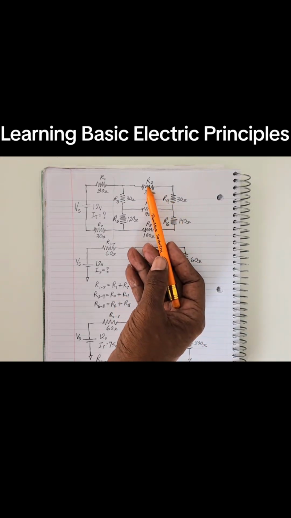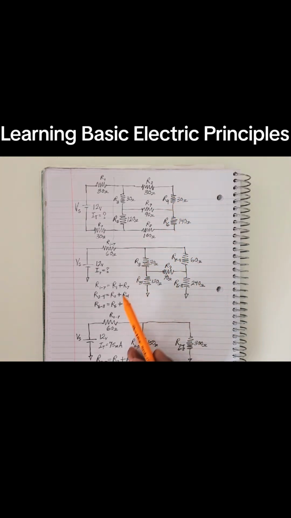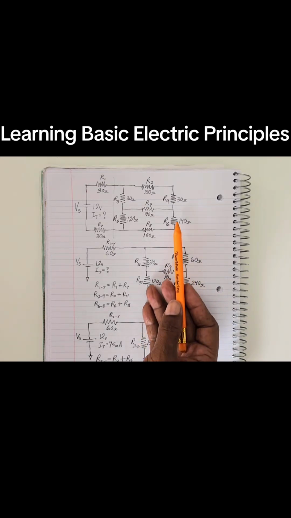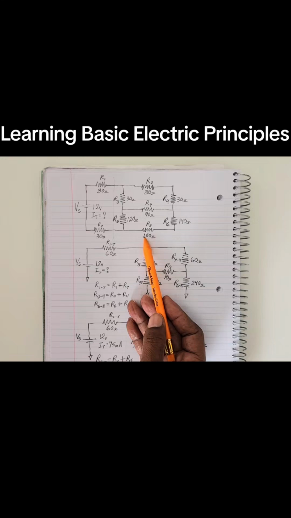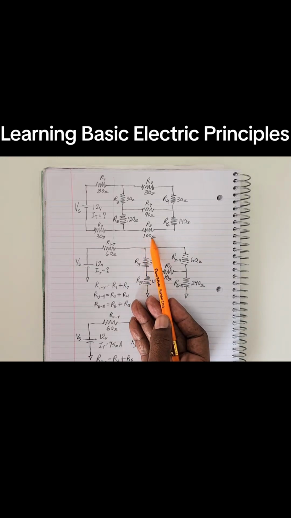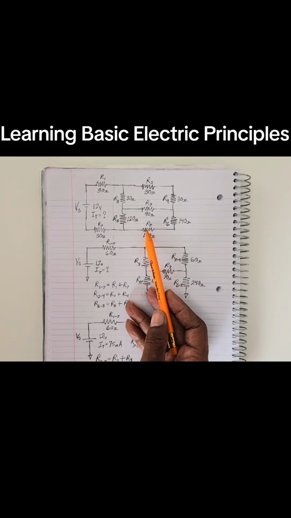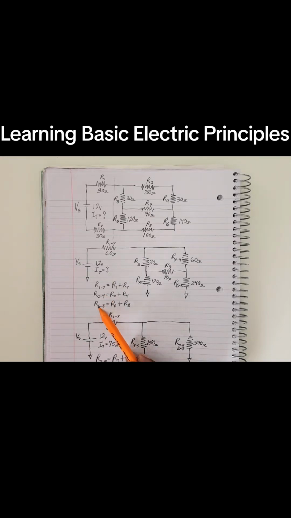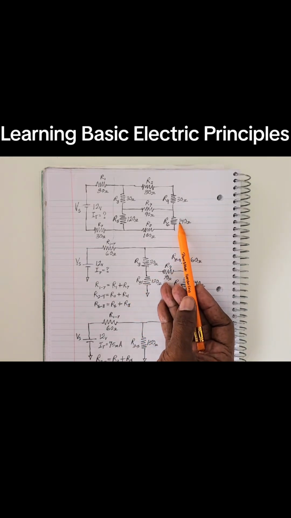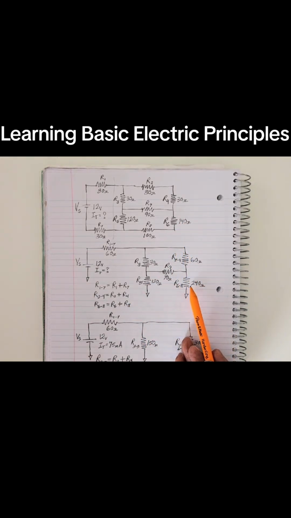That is, the 30 plus the 30 is 60. So that's how we get this. Same thing here. We get 140 and 100, which is 240. So R sub 6 and 8 added together gives you the 240.